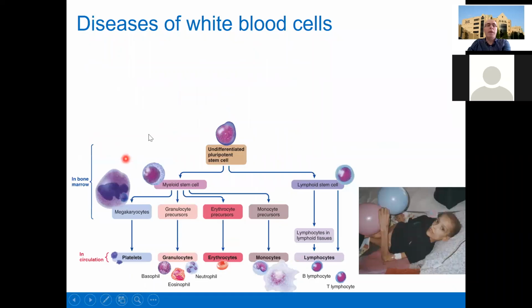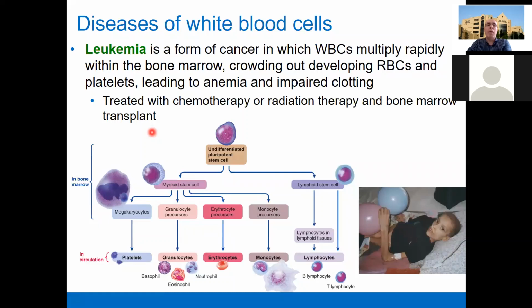There are many diseases of white blood cells. Leukemia is a form of cancer in which white blood cells multiply rapidly within the bone marrow, crowding out developing red blood cells and platelets and leading to anemia and impaired clotting, which is a really bad situation for such patients.